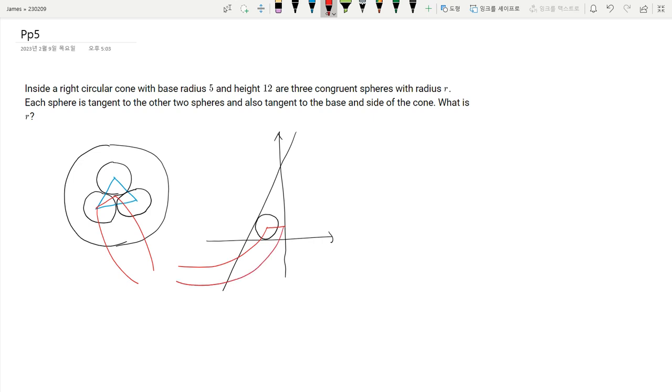It is 2/3 of square root of 3 times r, because the height is square root of 3 times r if we divide the height with a ratio of 2 to 1.